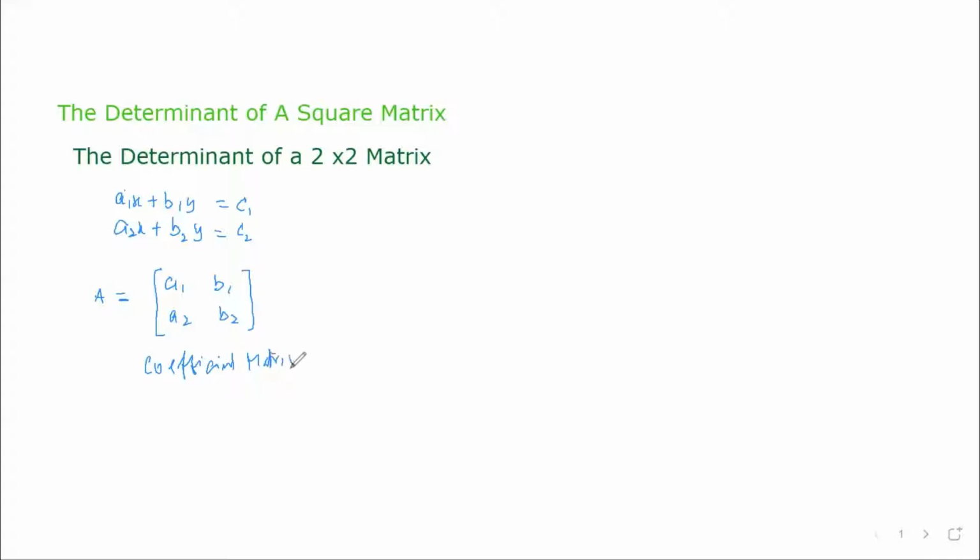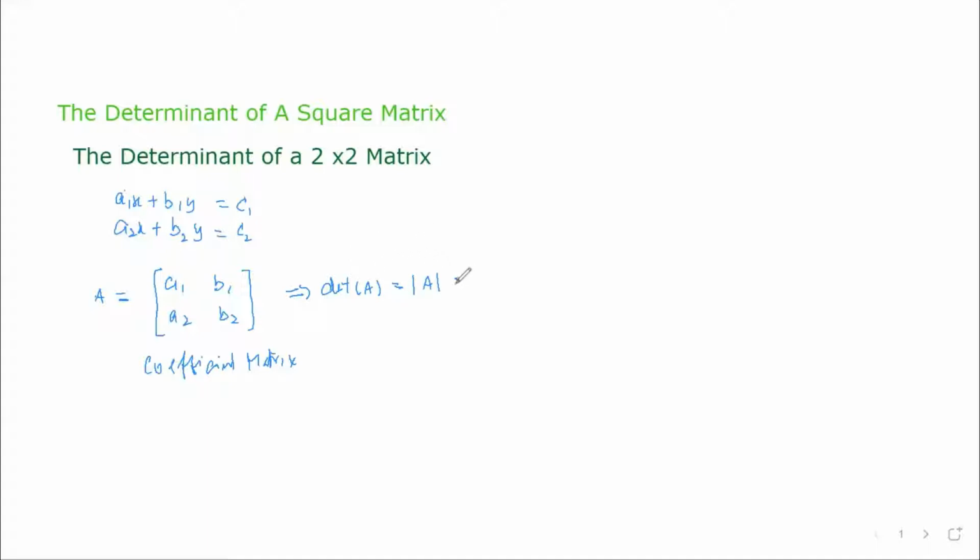So then if you want to find the determinant of A, we write it like this, the determinant. Sometimes we write it as the absolute value of A. It can be written in both ways. Okay. So then this is a determinant.